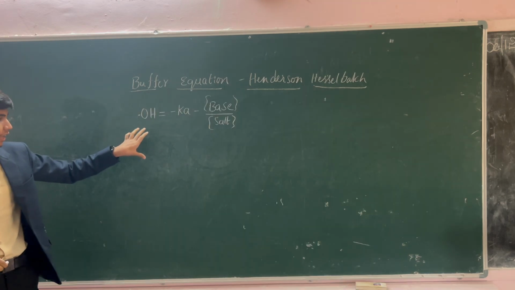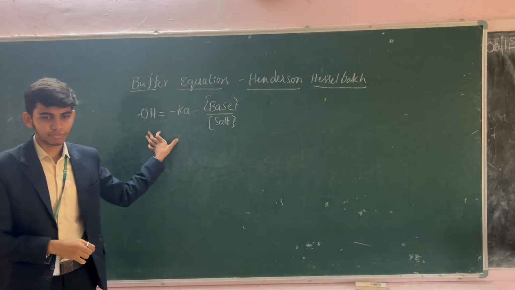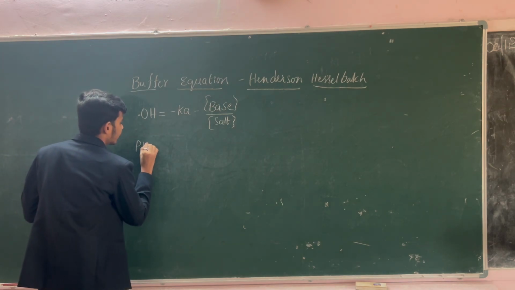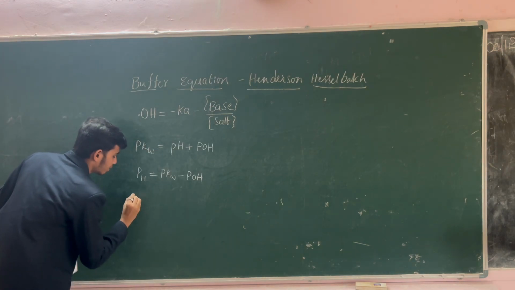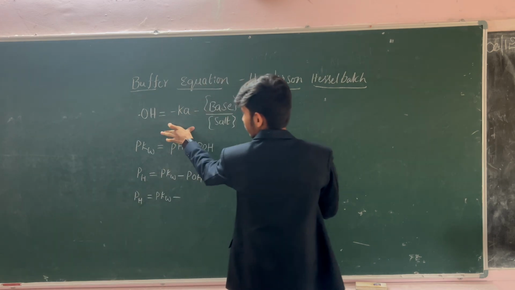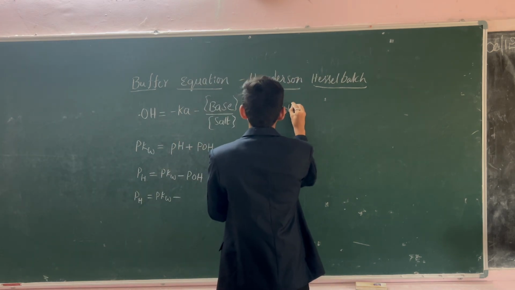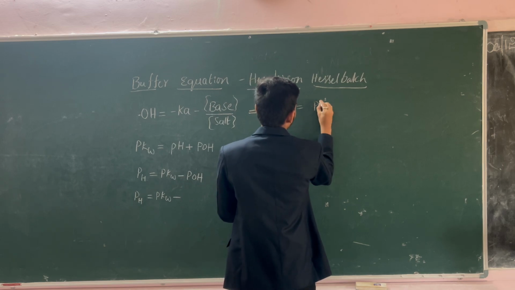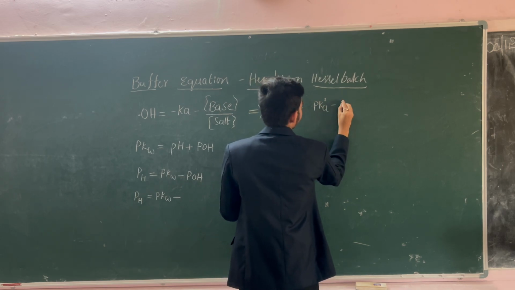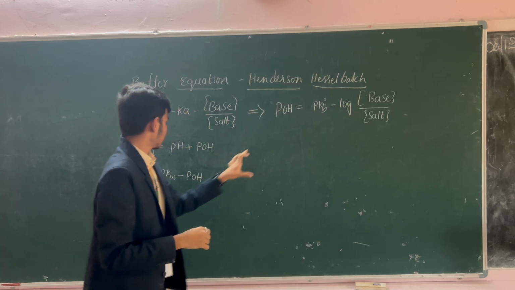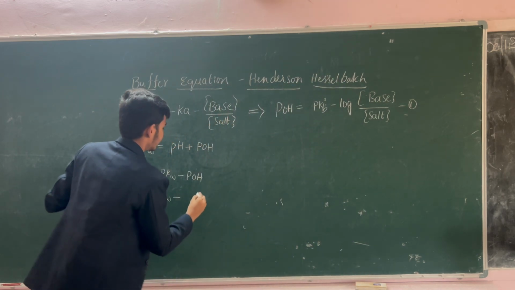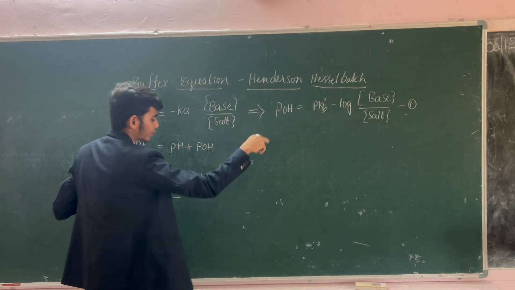pKa plus log salt by acid. Now we have another equation for OH, and for this equation there is another equation, that is pKw. When we apply logarithms to this, it will come as pOH is equal to minus pKa minus log. Assume this as equation 1 and this as equation 2. Substitute equation 1 in equation 2.